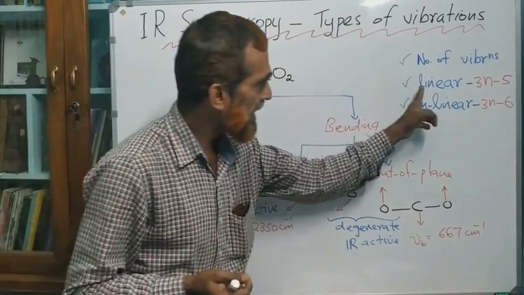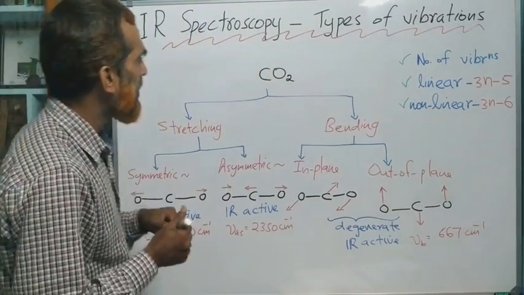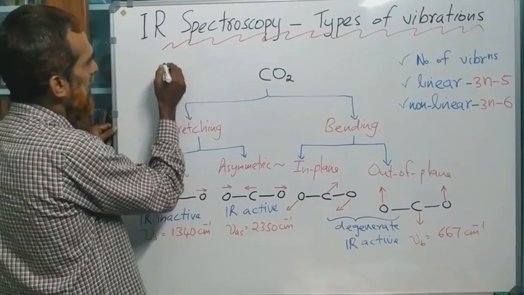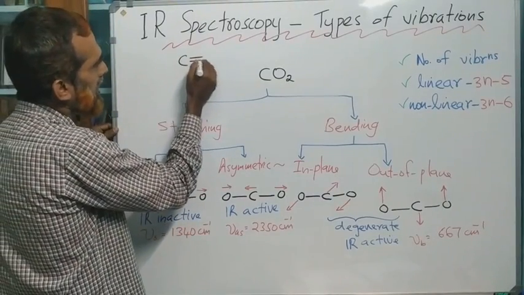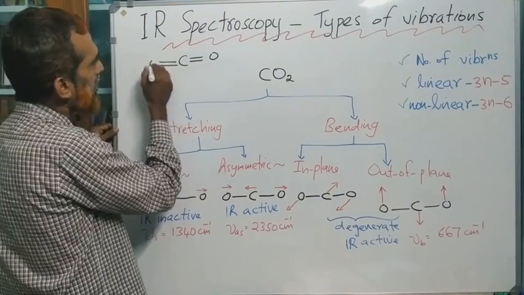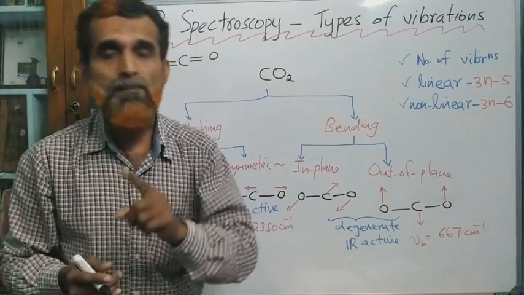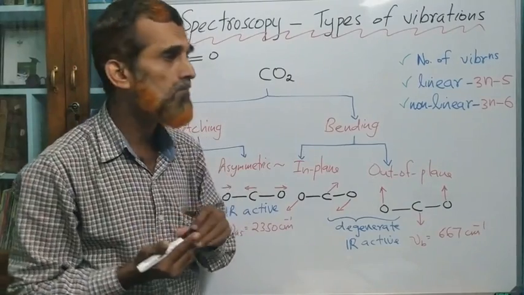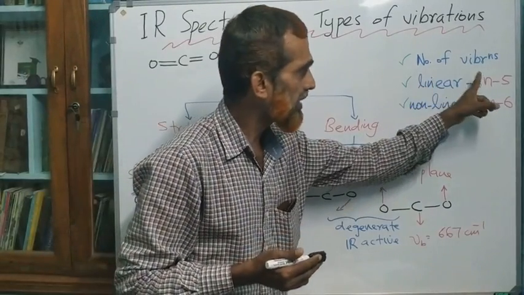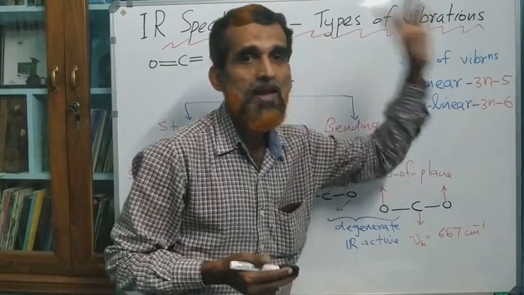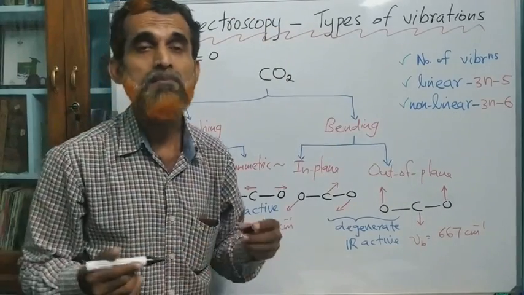First, we consider linear polyatomic molecule. For example, let us take carbon dioxide. You know, carbon dioxide is linear, right? It's a linear molecule. It's triatomic. So the number of vibrations possible for a linear molecule is given by the formula 3n minus 5, where n is the number of atoms in the molecule.